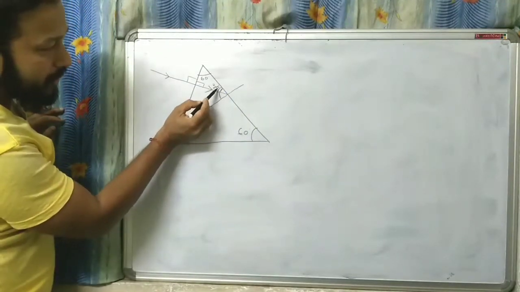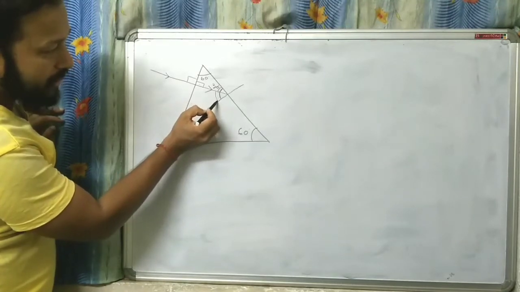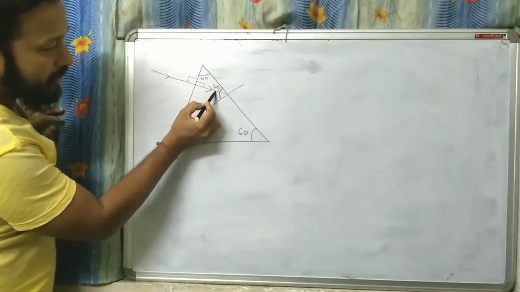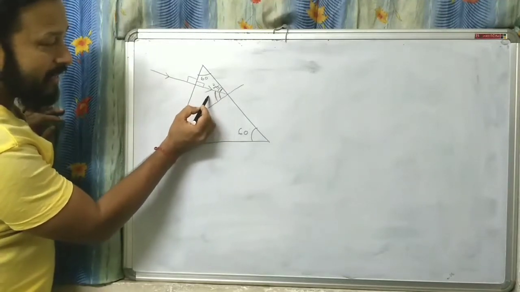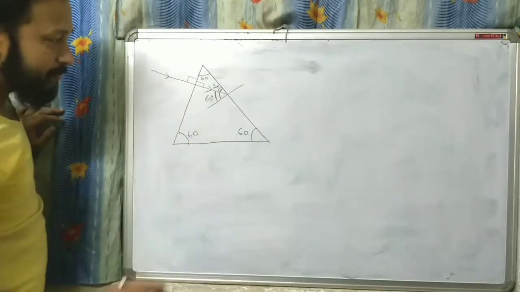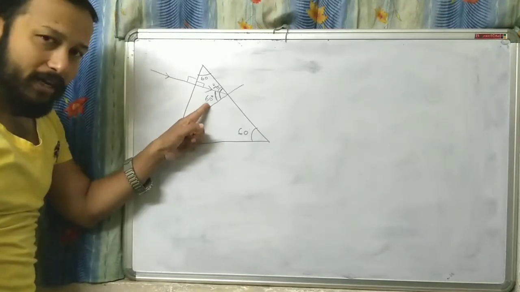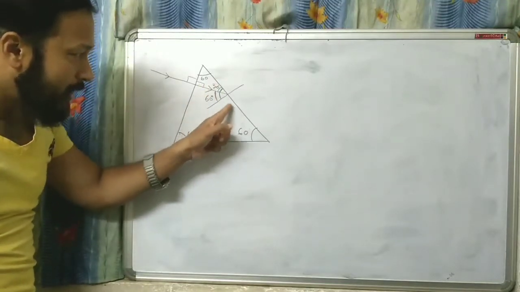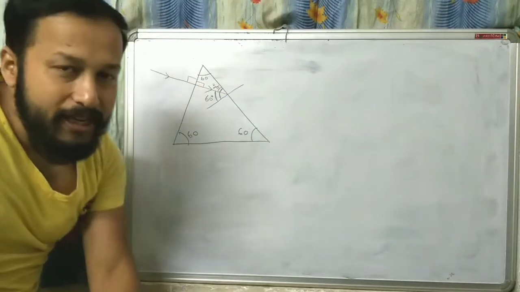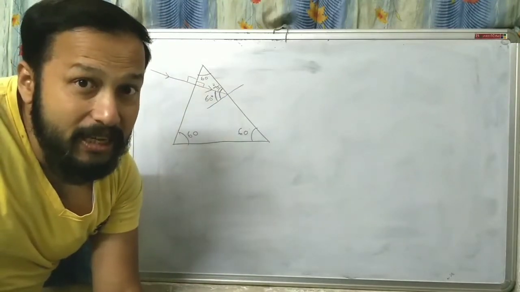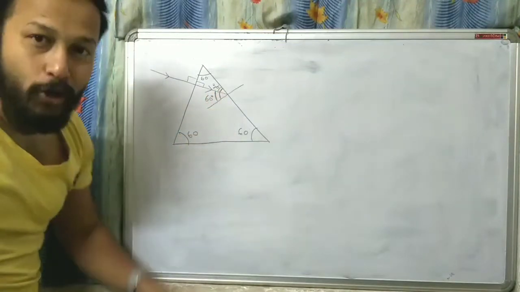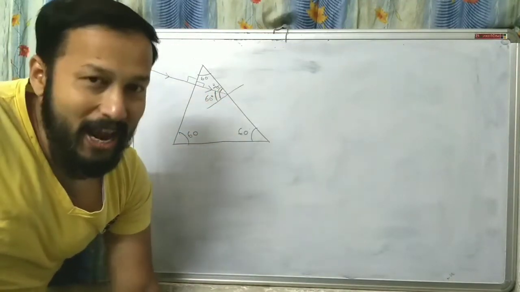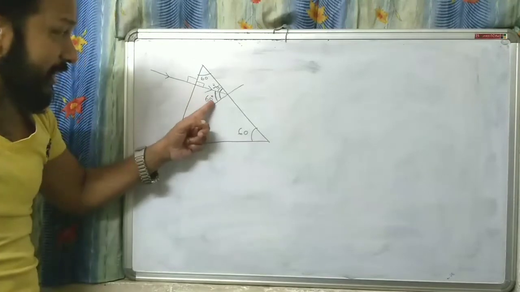Now this much is 30 degree, so how much is this? Yes, 90 minus 30, that is 60 degree. Now from this, can you tell me which is the angle of incidence? Angle of incidence is 30 degree? No, wrong. Angle of incidence is 60 degree.